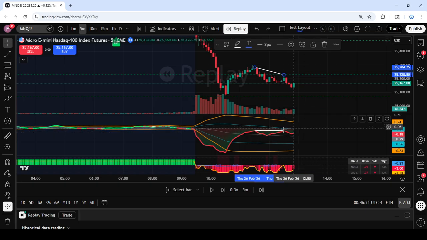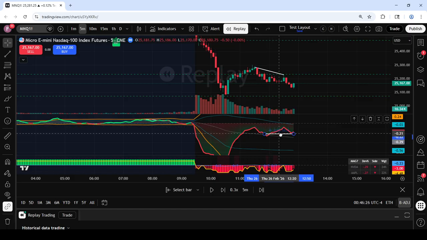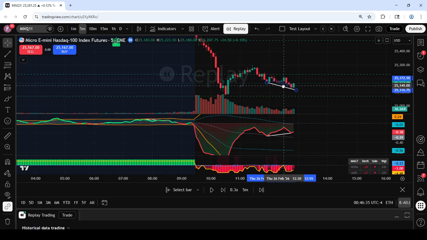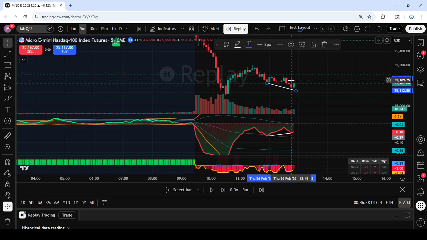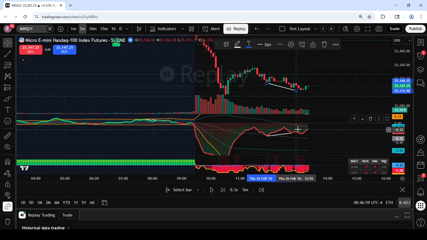So this is starting to hold its ground. It's starting to come up. You can also see it's forming higher lows at the same point. This is forming lower lows. This is where you're seeing more of a bullish divergence.